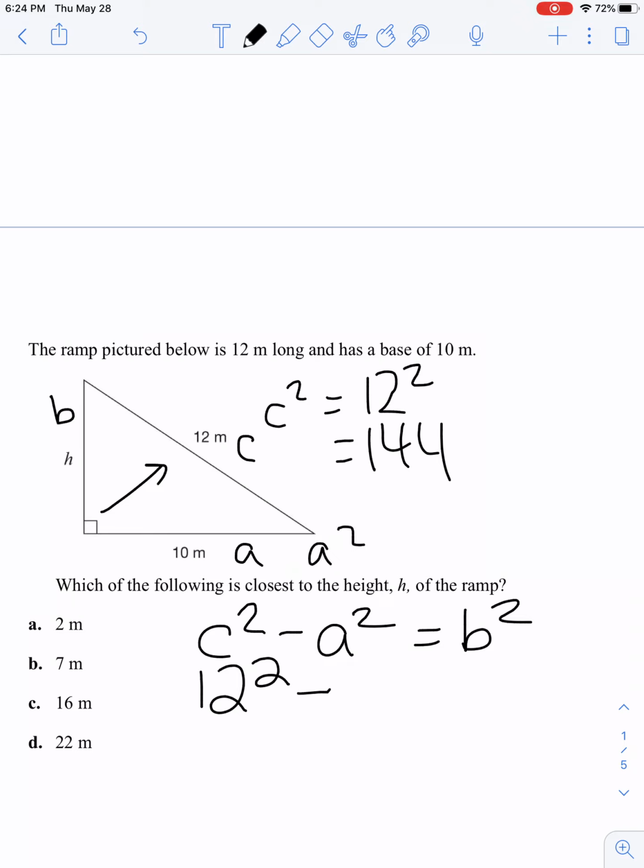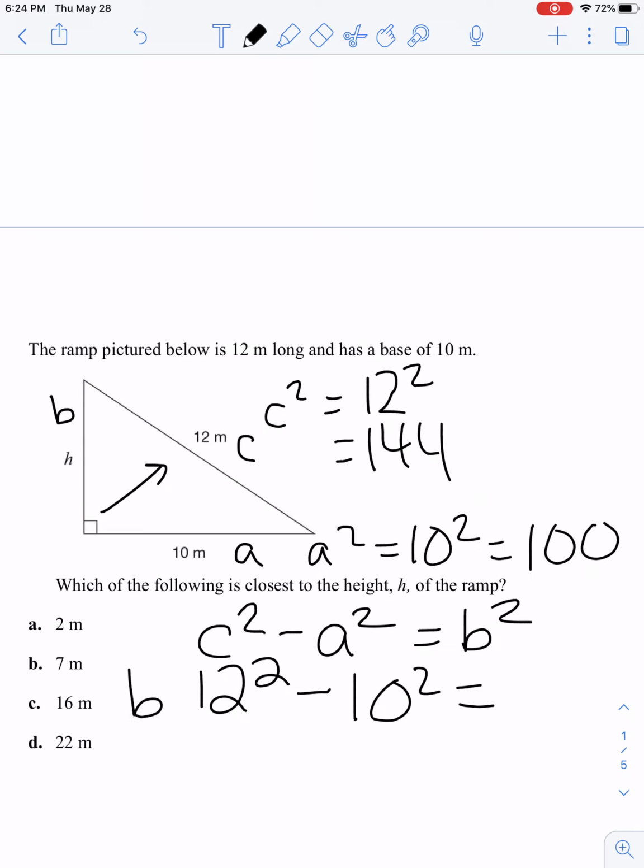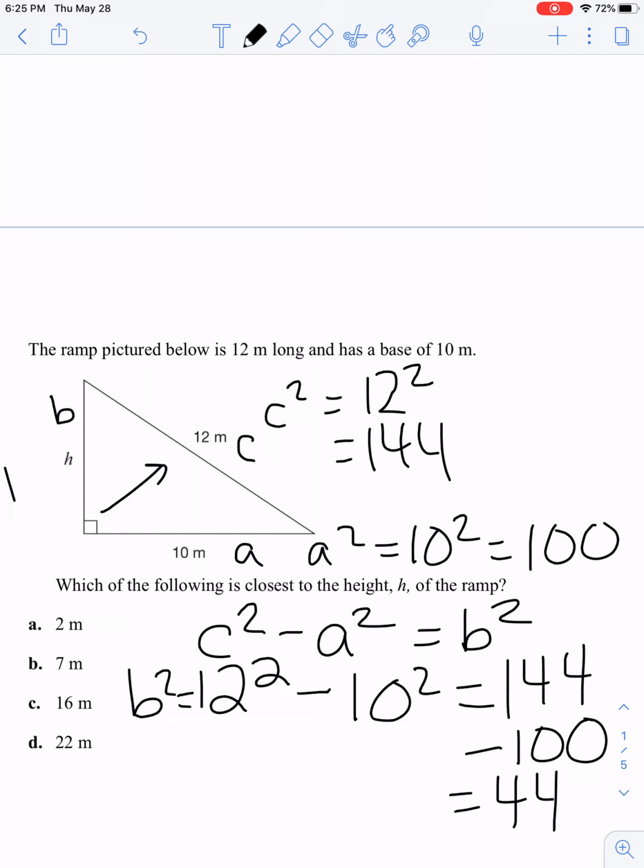And then we're going to do a squared, which is going to be 10 squared, or 100. And b squared is going to equal 144 minus 100, that difference, which comes out to 44. So b squared equals 44.